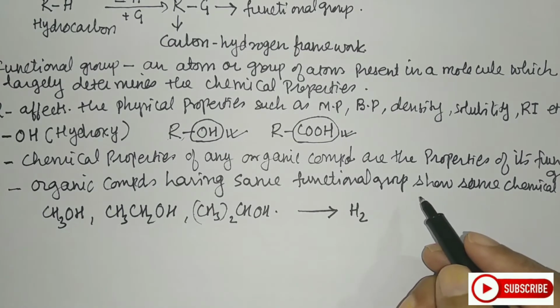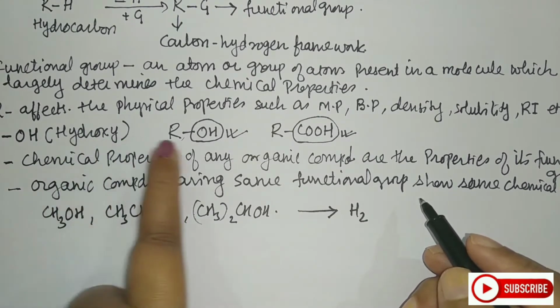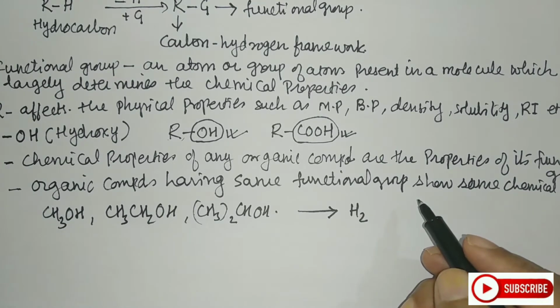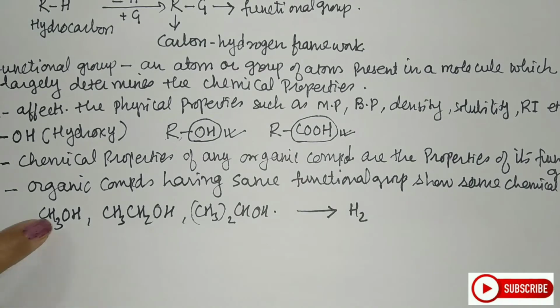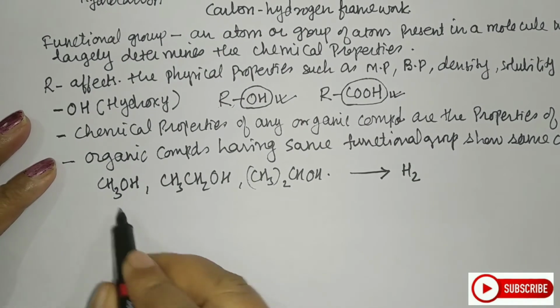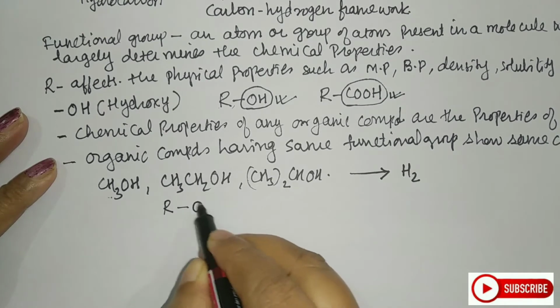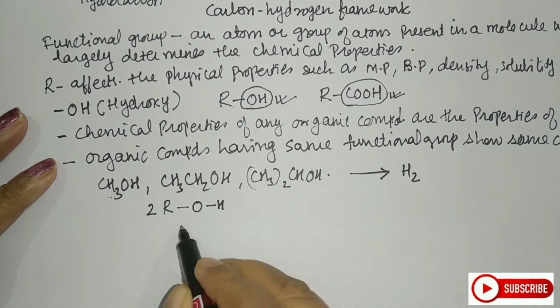So physical properties are decided by the R group, the alkyl chain or the hydrocarbon chain which is attached, while the chemical properties are decided by the functional group which it is attached to. If you want to see the reaction for this, I will call this R, so it will be ROH. I will take 2 moles. So I can call this an alcohol.